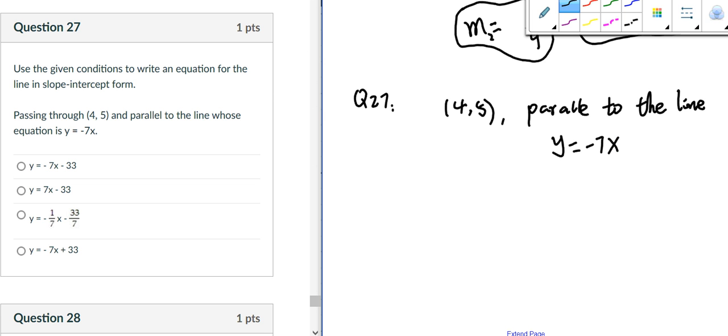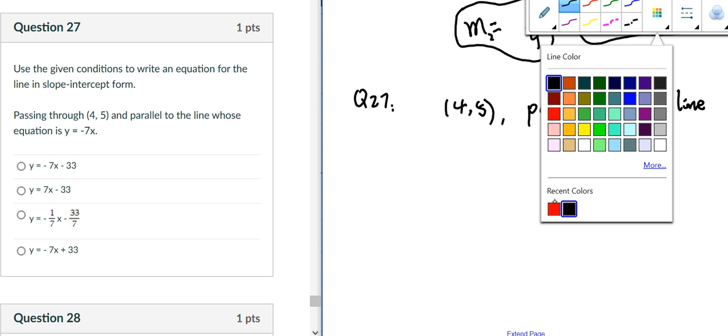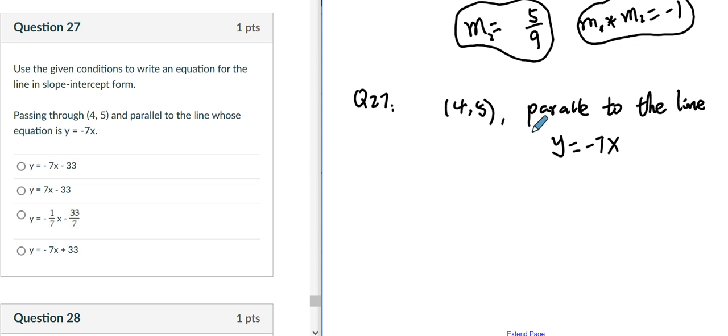Since it's parallel, it tells us the slopes are equal.